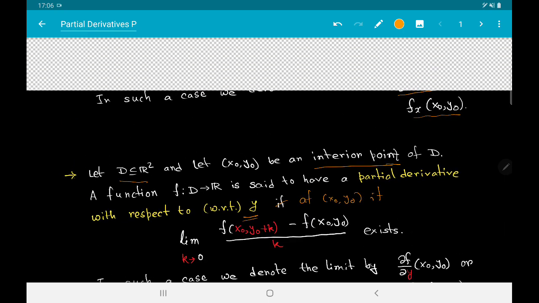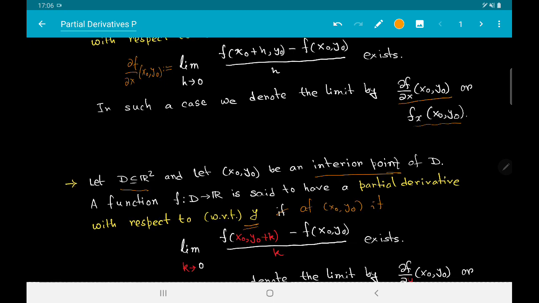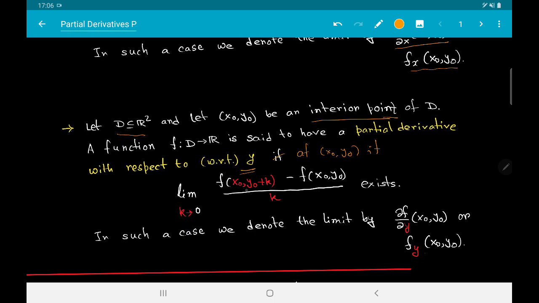Here we took the expression f of x0 plus h comma y0, and we replaced it by f of x0 comma y0 plus k minus f of x0 y0 divided by k as k tends to 0.